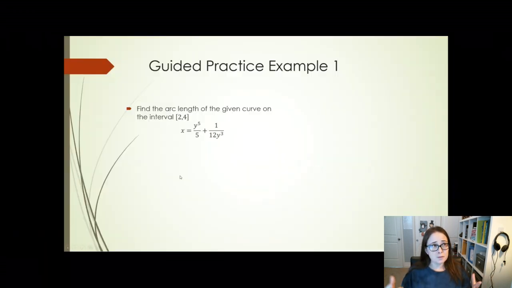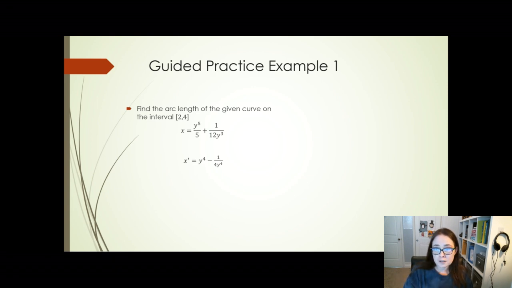So remembering that formula, the first thing I need to do is find the derivative of this. And so I'm doing just straight power rule here for derivatives, which we spent a lot of time integrating in this class, so be careful to not confuse the two. With the derivative, the exponent comes out front, and then you reduce the exponent by 1.